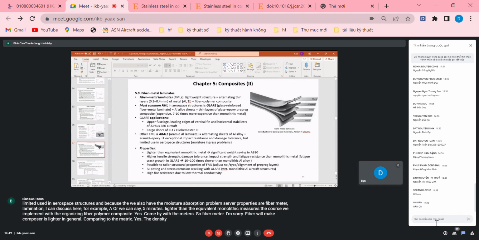The density of, for example, carbon fiber reinforced epoxy resin is 1.6 gram per cubic centimeter, whereas pure aluminum is 2.7 gram per cubic centimeter. Therefore, when you implement the composite in metal structures, you can reduce the weight compared to monolithic metals. As a result, you can significantly save weight, for example, in the Airbus 380.